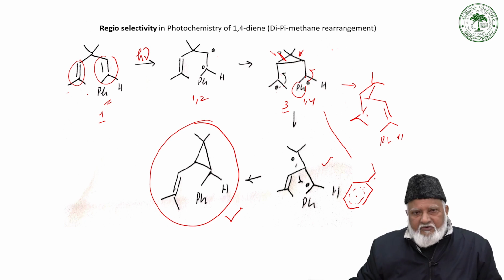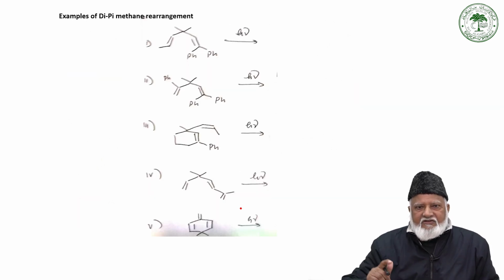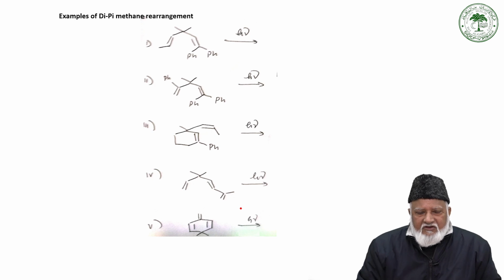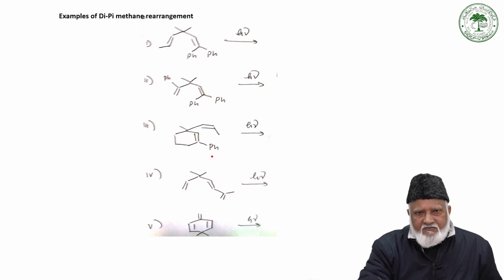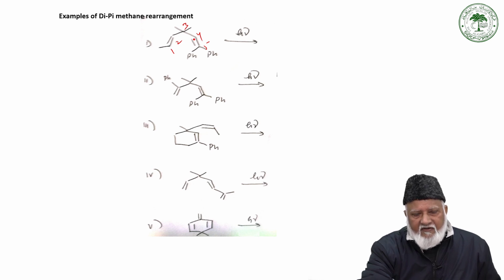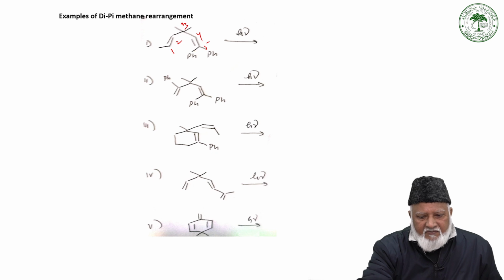Several examples have been reported, and all these compounds are examples of the di-pi-methane rearrangement. All these systems are 1,4-dienes: one double bond between carbon number 1 and 2, a second double bond between carbon number 4 and 5, separated by a methylene group.